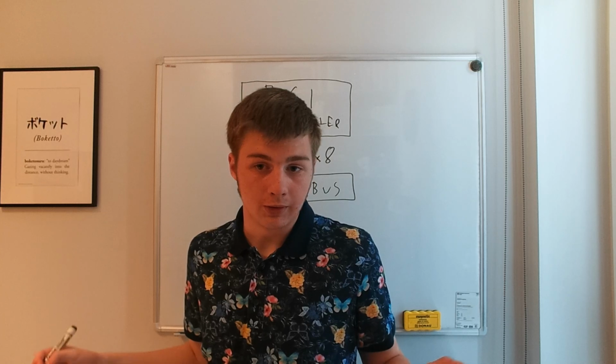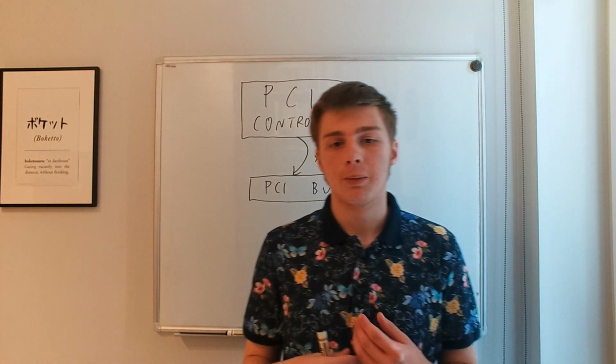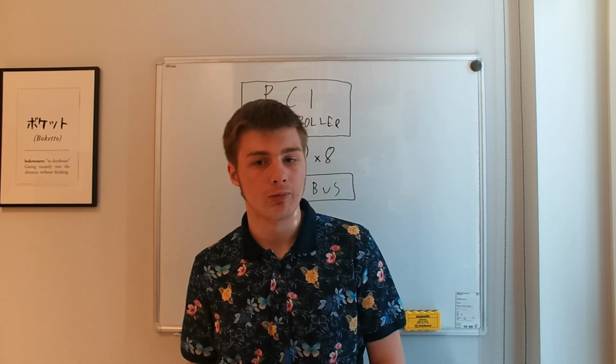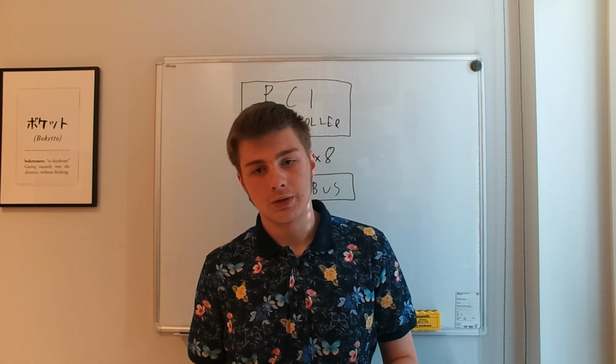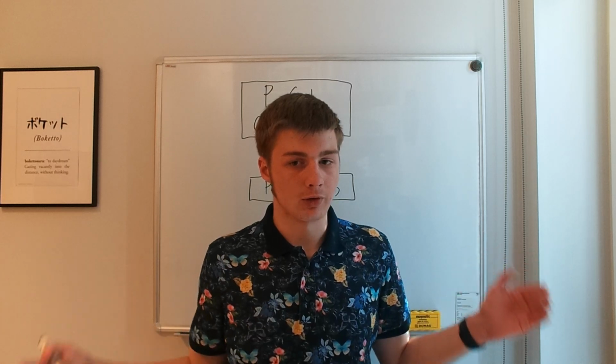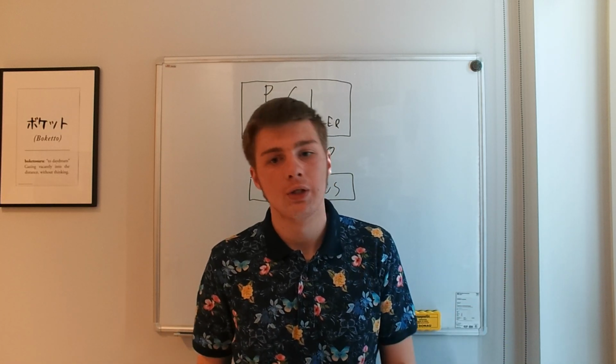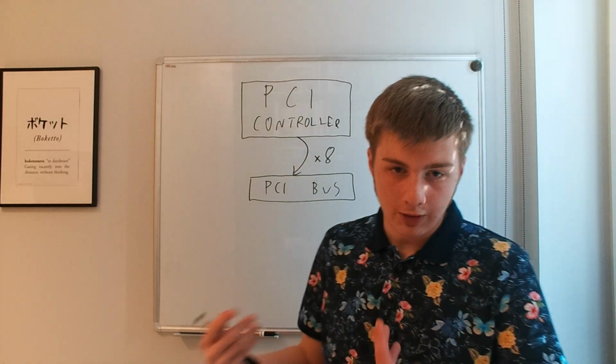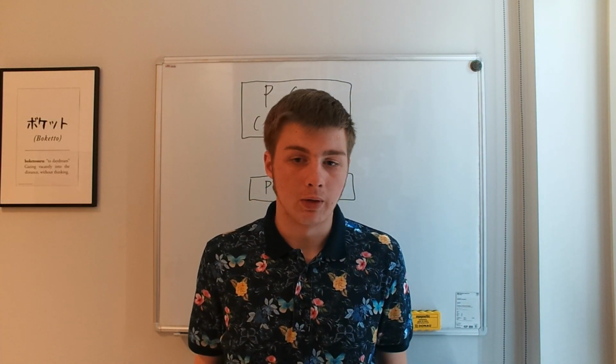So when people say PCI, they usually think of one bus. However, in reality, the PCI bus is physically constructed out of 8 physical buses. If we're talking about the legacy, the classical PCI, those are parallel buses.